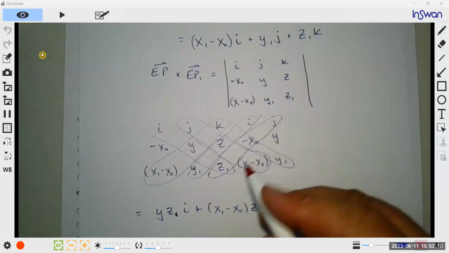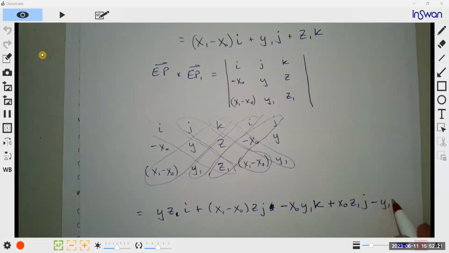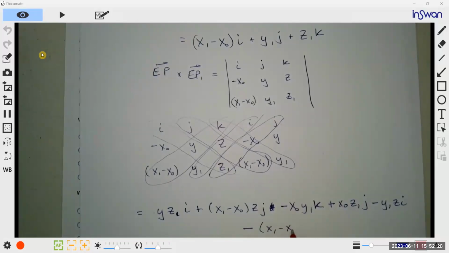Now minus, it's going to be a plus, x0 z1 j, minus y1 z i, minus (x1 minus x0) y k.